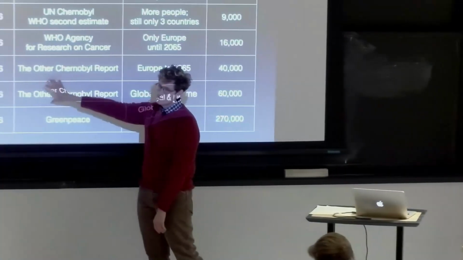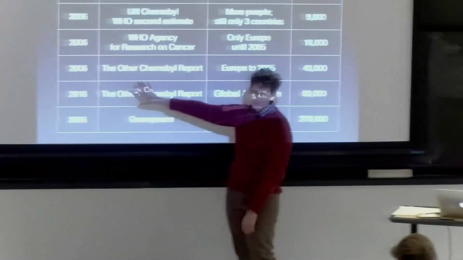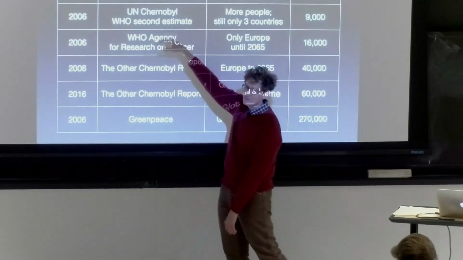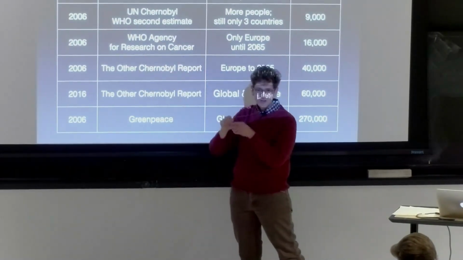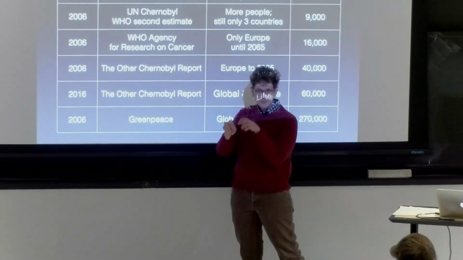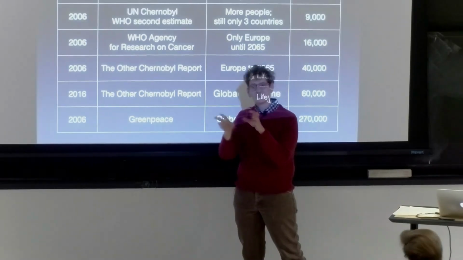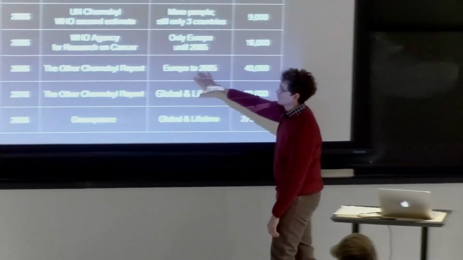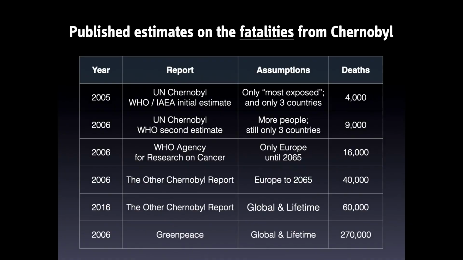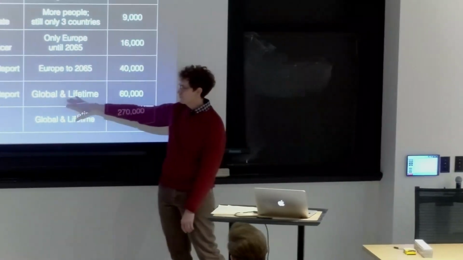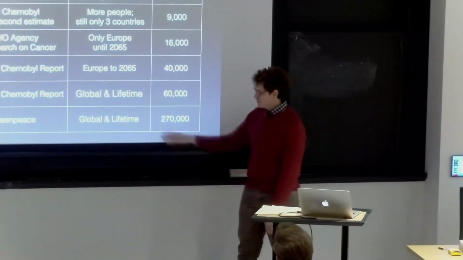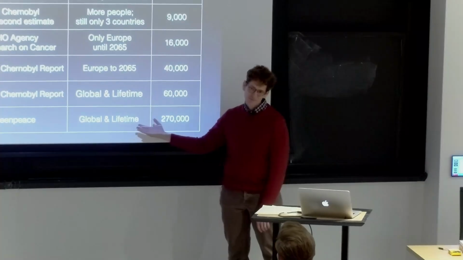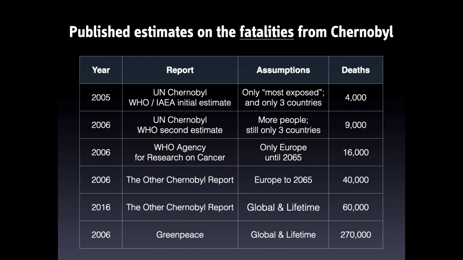A group of independent scientists out of the UK didn't like what the UN was doing with only reporting subsets of the population and only the people in these 3 countries, and they felt this was unfair, so they produced these reports, one in 2006 and one in 2016, 40,000 and 60,000. This one is still limited to Europe. This one is global. And then you have this Greenpeace report, 270,000.